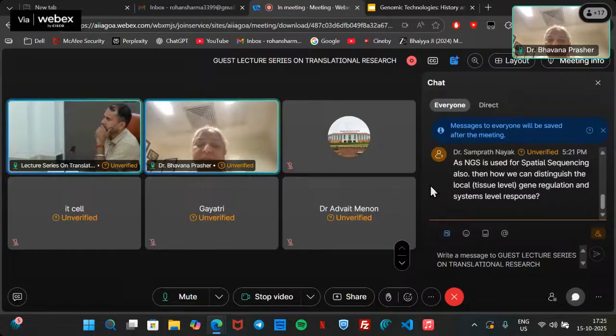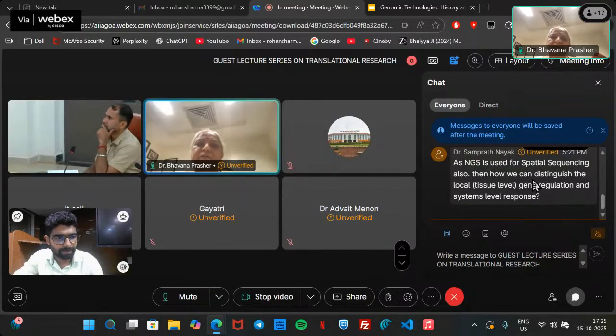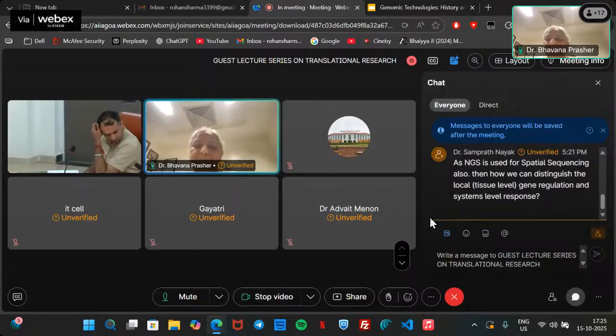So that kind of local regulation is important to study, so that the treatment strategies can be planned accordingly. Different applications have different questions based on which they are applied. Even in some cases where there is a locally affected tissue versus non-affected tissue, very adjacent to each other, you want to see how they are cross-talking in the shared microenvironment.